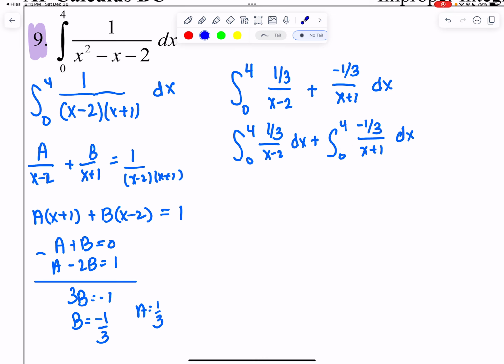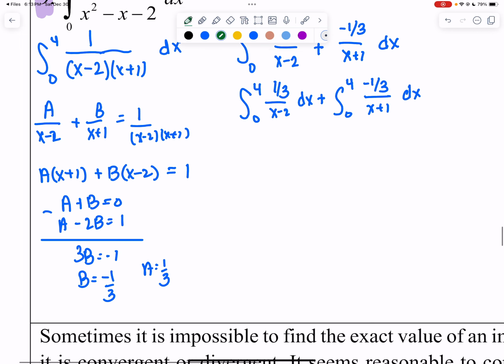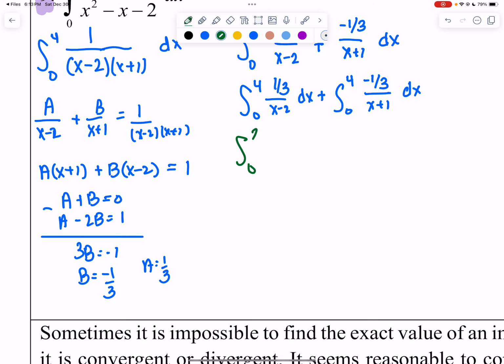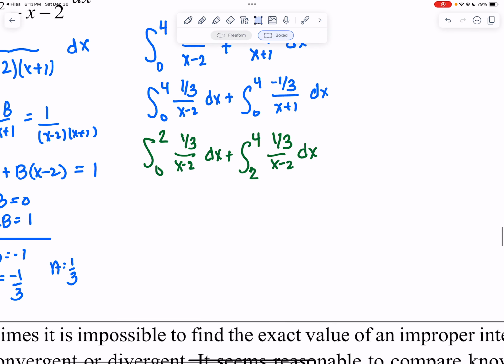But like I said, we probably want to evaluate this first to see if it converges, because if it doesn't, and if you did this first, then you just wasted a lot of time, because then this is divergent if it is. All right, so I'm going to split it up, 0 to 2, 2 to 4, and then, of course, we still have this, which I'm going to rewrite just so that I don't forget about it.